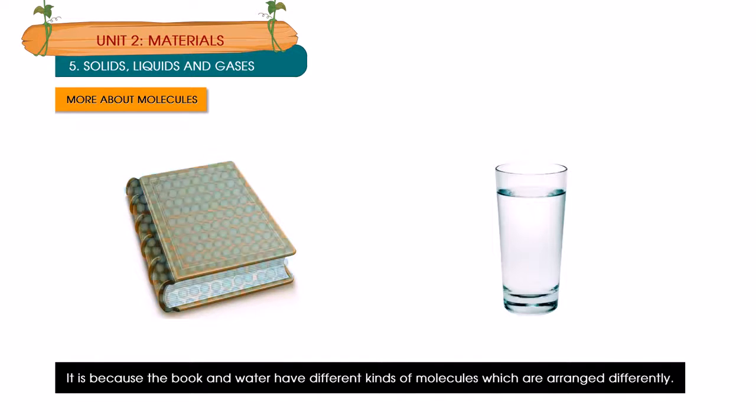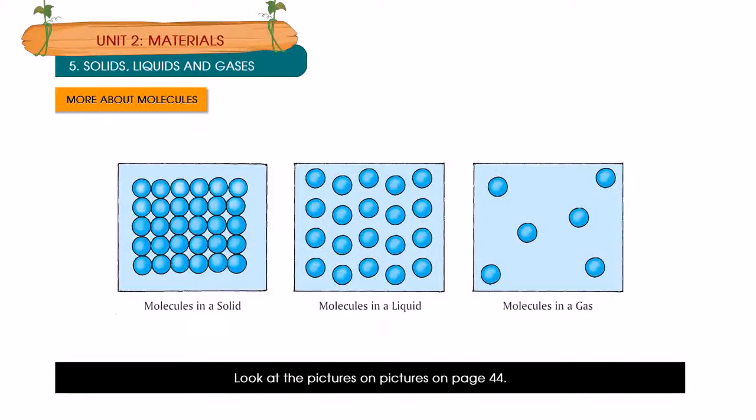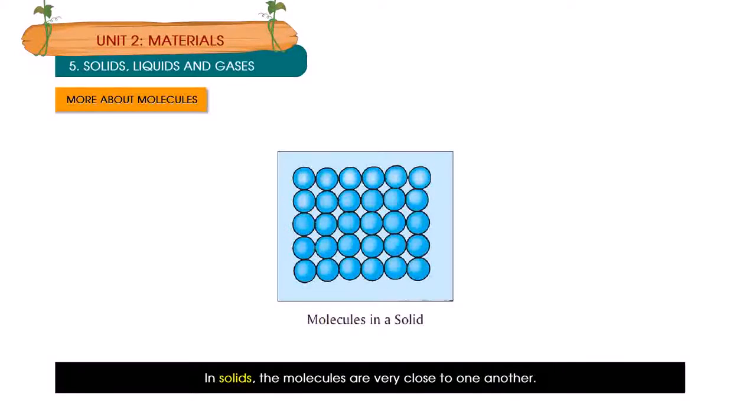It is because the book and water have different kinds of molecules which are arranged differently. Look at the pictures on page 44. In solids, the molecules are very close to one another. They attract each other with great force. So a solid is hard, has a definite shape and a definite volume.